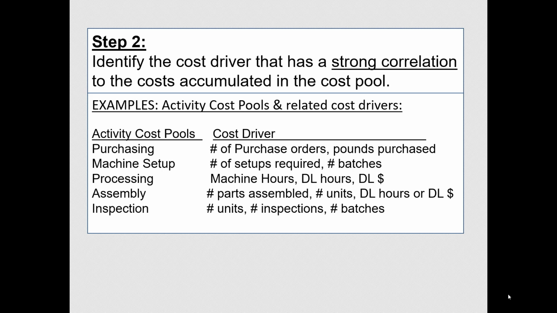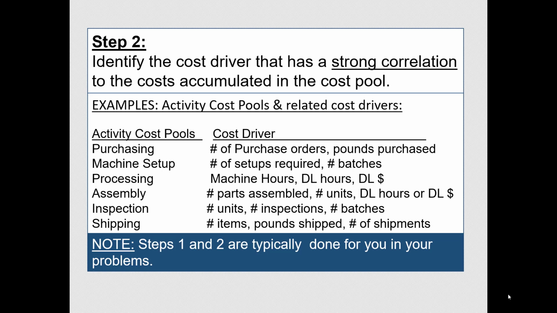Inspection, number of units, number of inspections, or perhaps number of batches if you inspect 1 per batch. Shipping might be number of items, pounds shipped, or number of shipments. Now, steps 1 and 2 are typically done for you. You'll see a list of activities that have to occur, and you'll be able to identify the activity base that drives it. So the focus in our problems are going to be on steps 3 and 4.